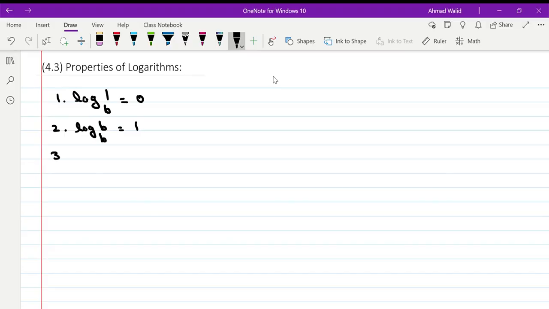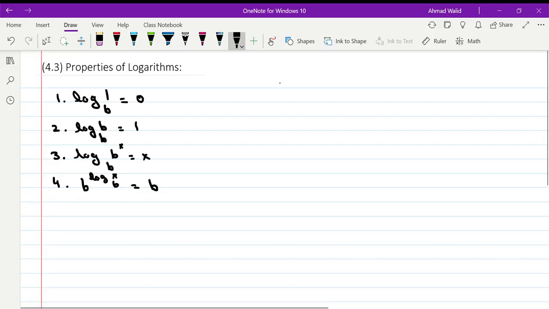Rule number 3: if I have log of b to the power of x base b, my answer is always x. And rule number 4 that we learned, b to the power of log x base b, my answer is always what? Always x, not b. Correct?